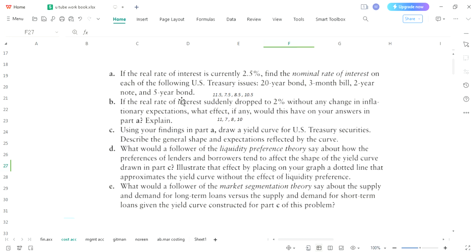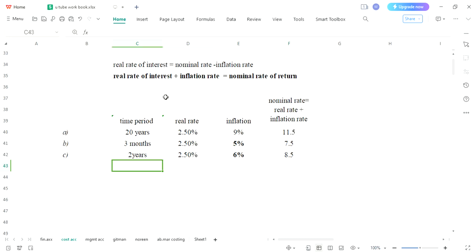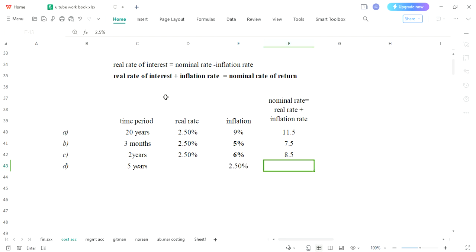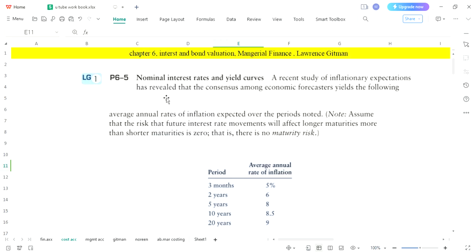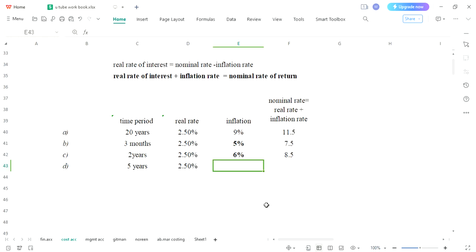Then finally we need to put 5-year bond. So 5 years is our next option, D, and real rate would remain the same 2.5%, and you need to put inflation rate for 5 years. Go back to the question. 5 years 8%, write down 8% over here.